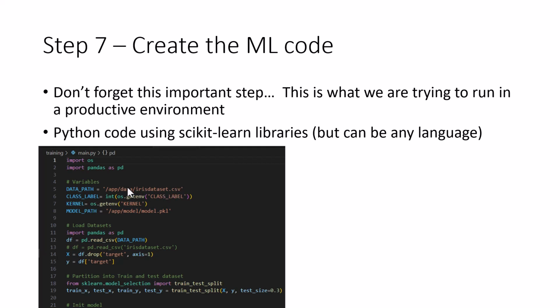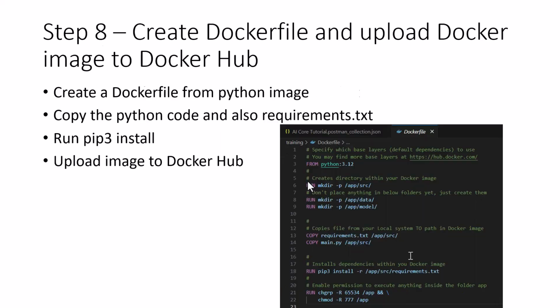I'll briefly explain this code right here. scikit-learn provides convenient methods to train a model. All we need to do is call some of the scikit-learn methods, and I will show this when we get to that stage.